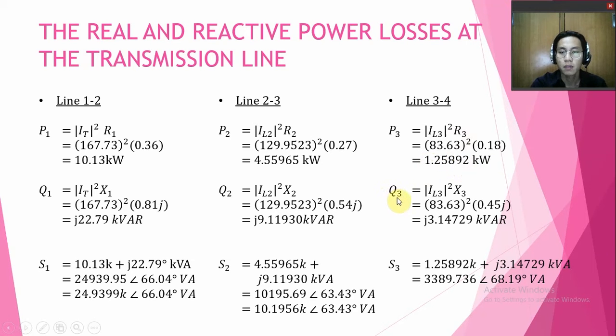For the reactive power at line 3 and 4, using the current at load 3 squared multiplied with the imaginary value at load 3, we get the value is 3.14729 kilovoltage ampere reactive. Here we can get the apparent power value for the line 3 and 4, which is 3389.736 with an angle of 68.19 voltage ampere.